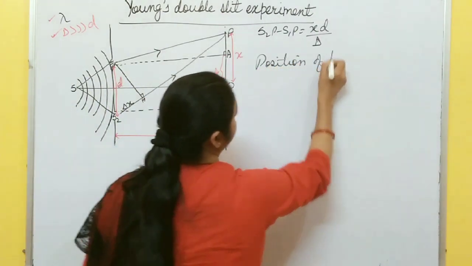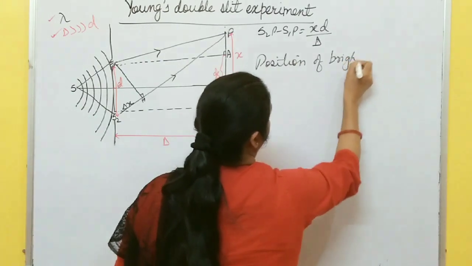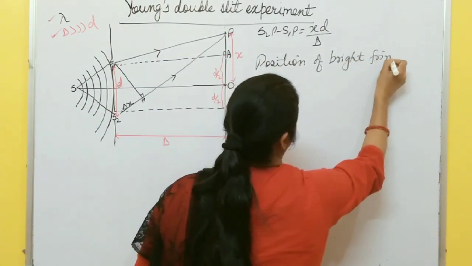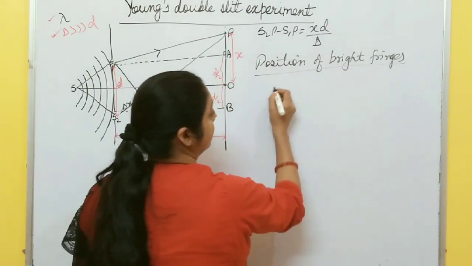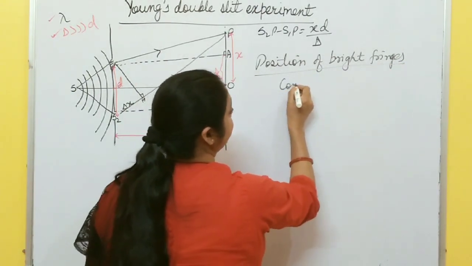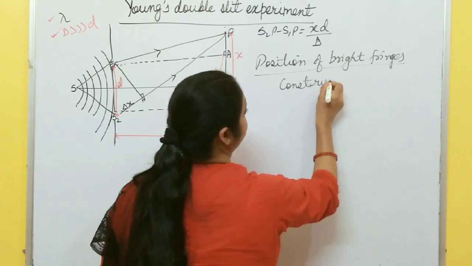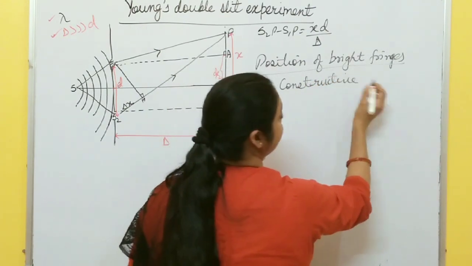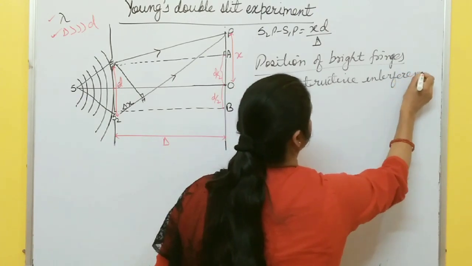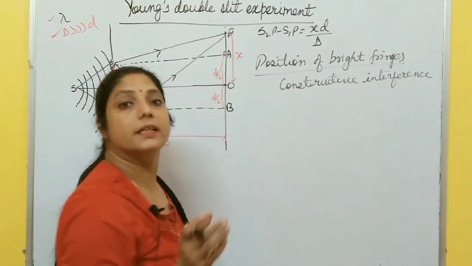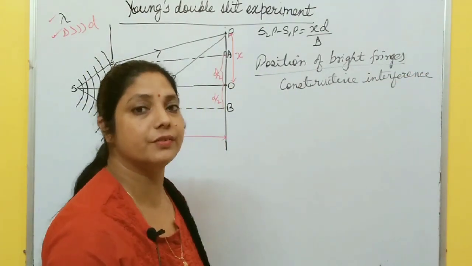Now first, position of bright fringes, right? Bright fringes means maximum intensity. In this case, constructive interference takes place. You know that in the last class we discussed the condition for constructive interference.